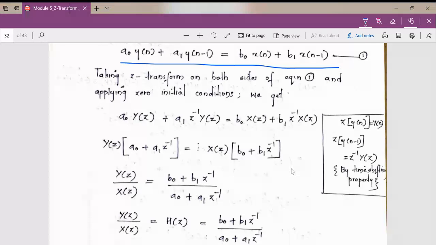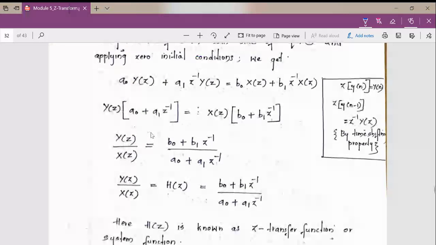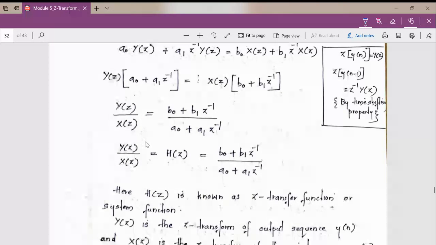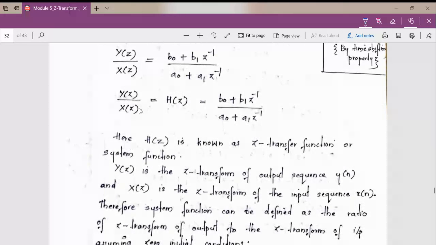We are applying the time shifting property of the Z transform here for finding the Z transform from the equation, considering zero initial conditions. Okay, so we know that Y of z by X of z is H of z.